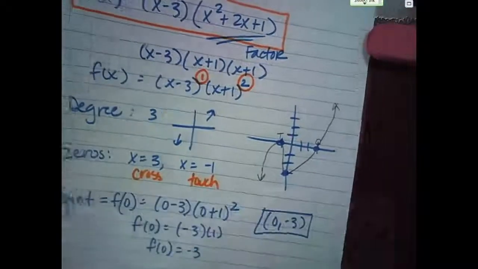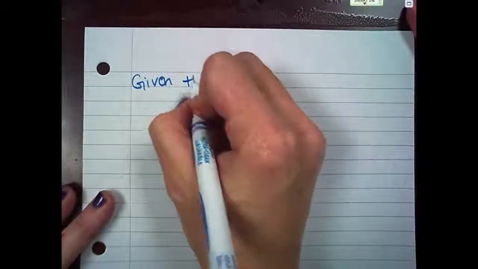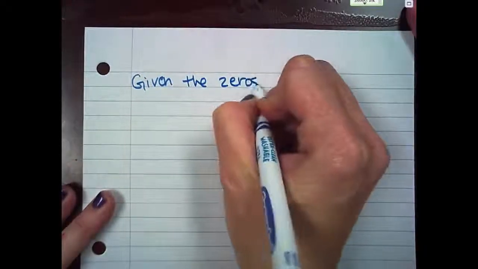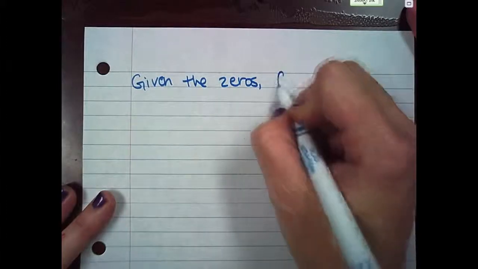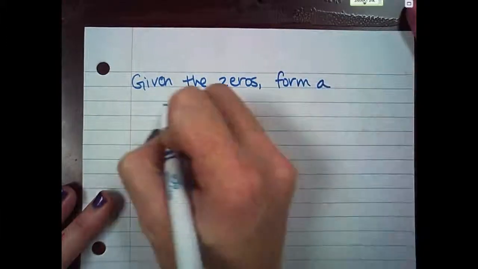So here's the last problem for today. Given the zeros, form a polynomial in standard form.